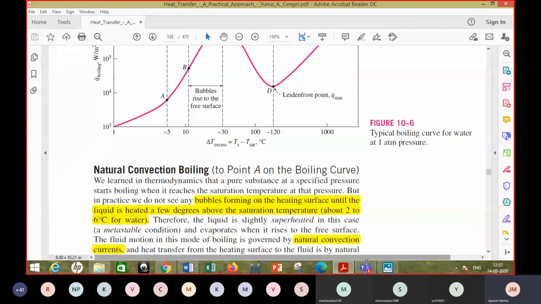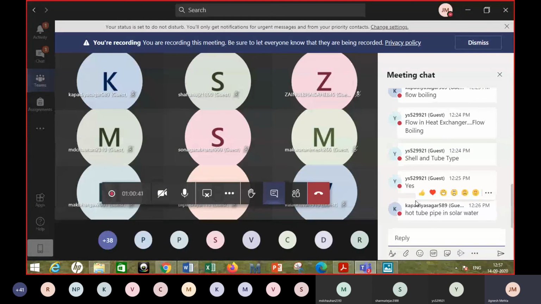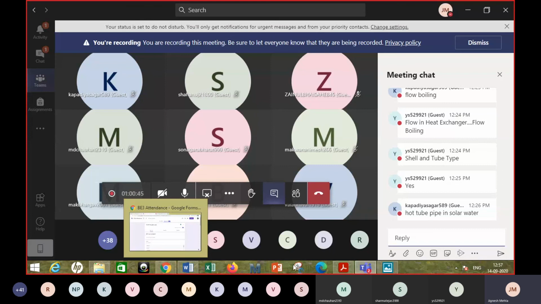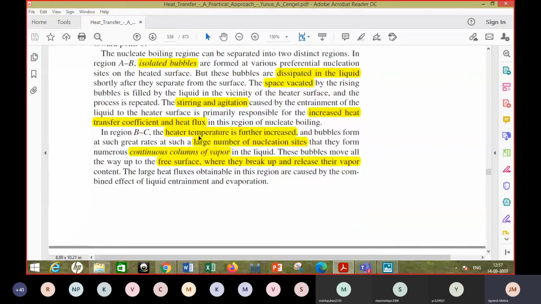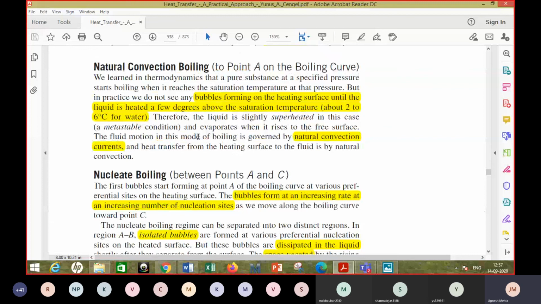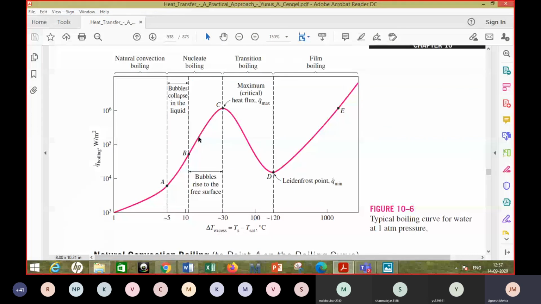We'll discuss further about this phenomenon and further about the boiling in the next lecture. As I told you, if you want to do the experiment in the lab and draw this curve, it's not such an easy task.